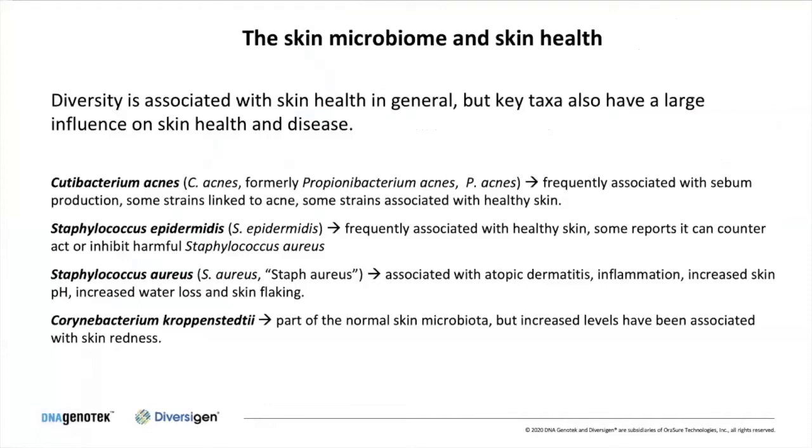So as with the human gut, diversity of the skin microbiome is often associated with skin health. And there are also a number of key taxa that can have very large roles and influences on skin health and disease. Brice mentioned one in particular, Cutibacterium, which is often a high frequency or highly abundant component of the skin microbiome in many body sites.